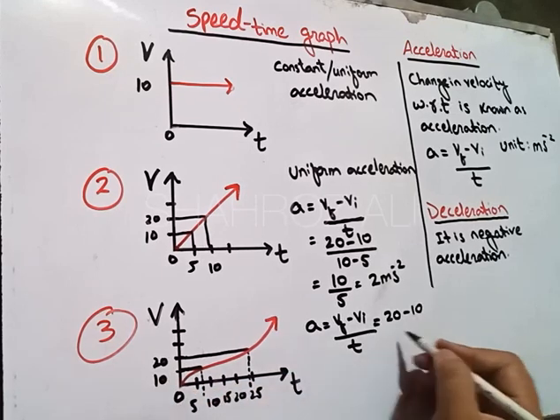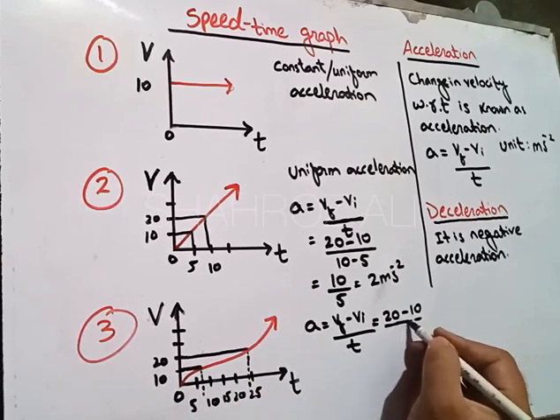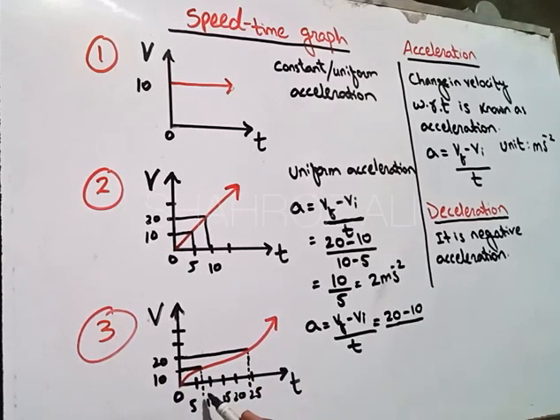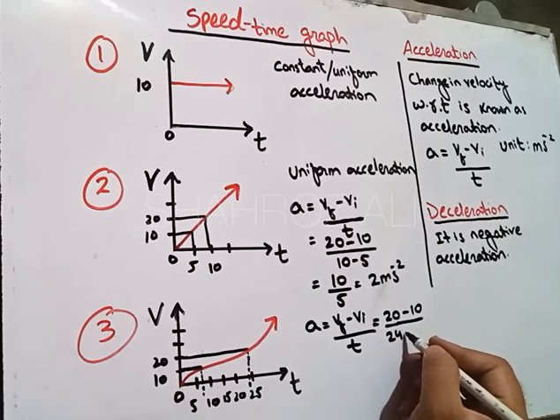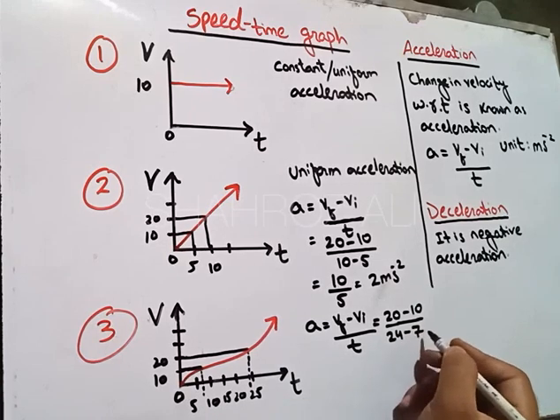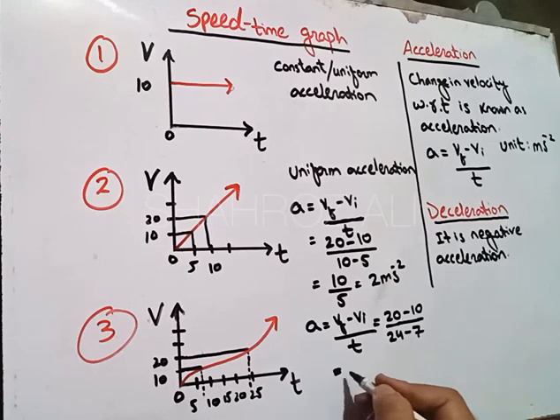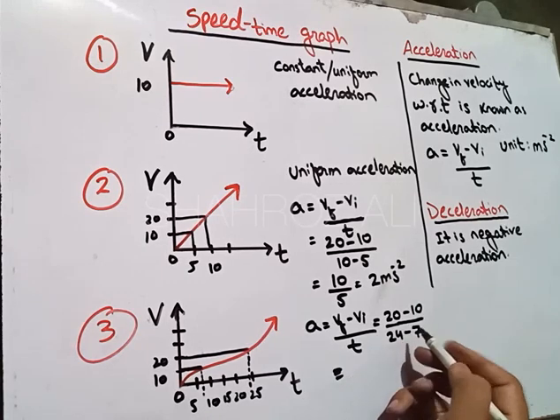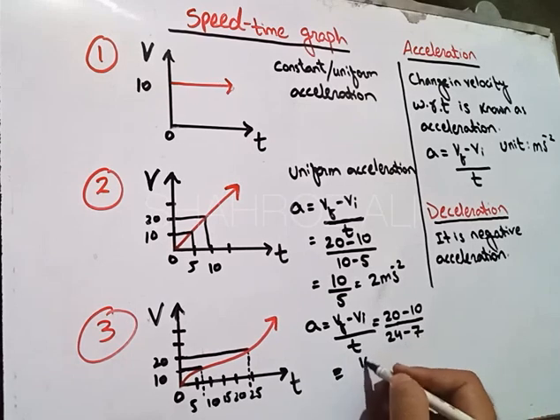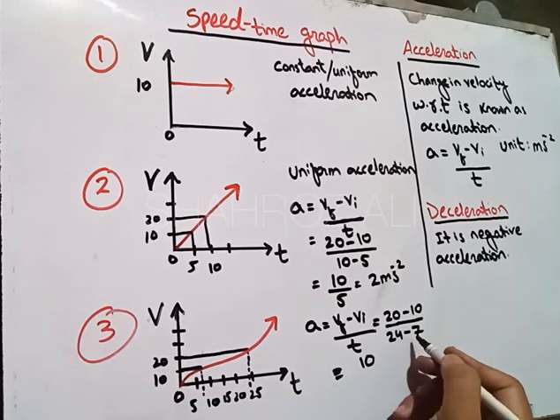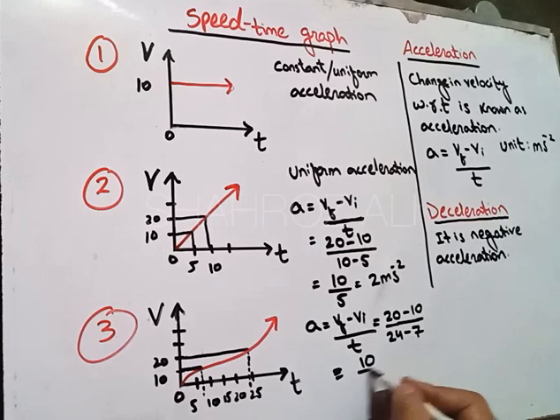final velocity, initial velocity, time interval. For final time you can write 24. For initial time you will write here 7. By just solving it, subtracting the first one, you will get 10. Second one, 24 minus 7 will give you, I think, 17.